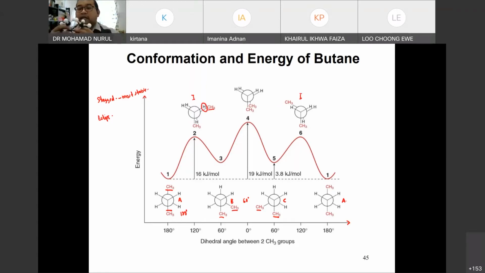It's like this, we have interactions between hydrogens here and CH3. That's why it's less stable compared to the other conformers.